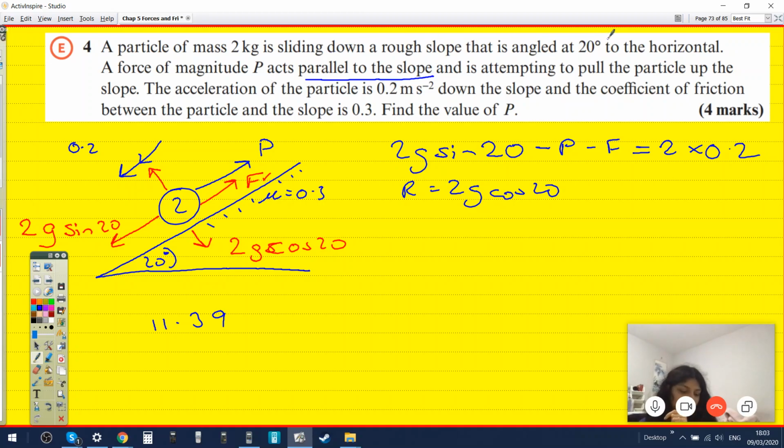Because I got friction equals 5.09 because I did 2g cos 20 times 0.3, because that's what mu is. And that gives you 5.52. Okay, right, I did calculate the friction wrong. How did I put it wrong? Mu R.